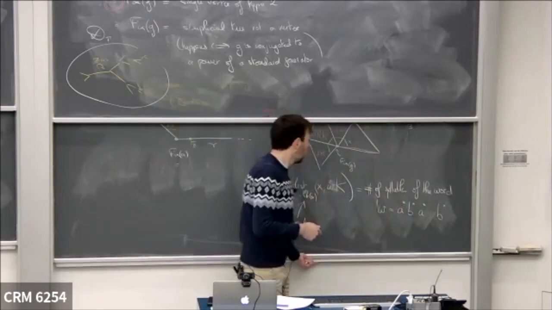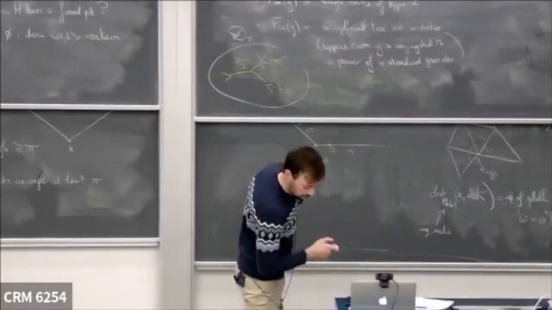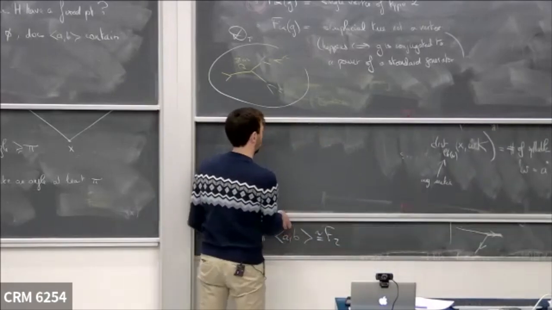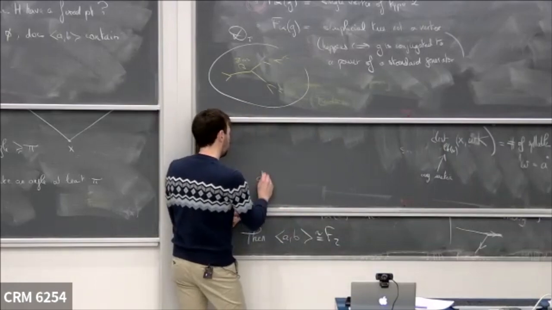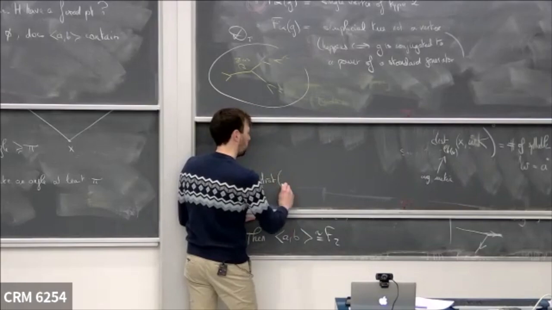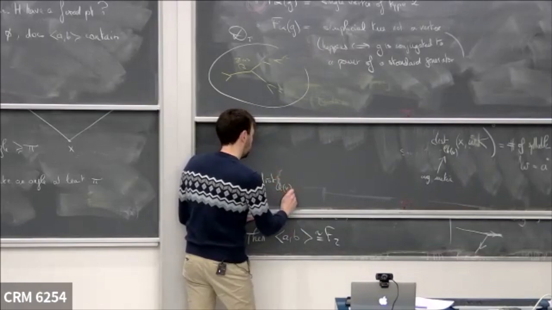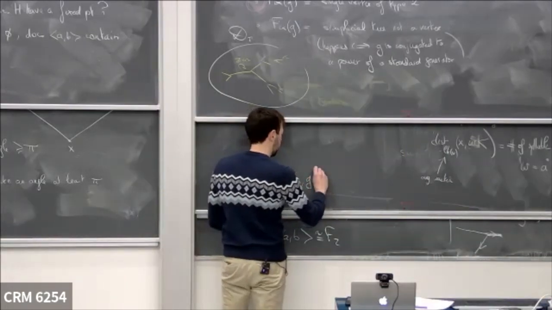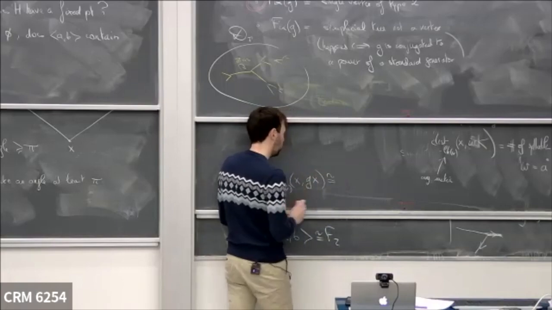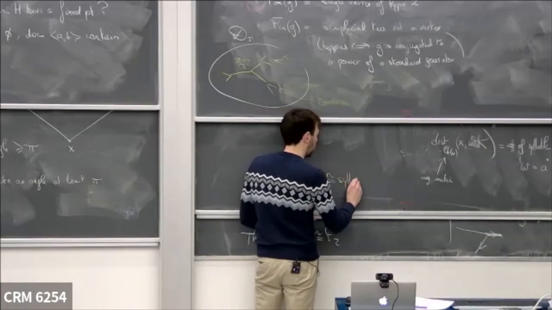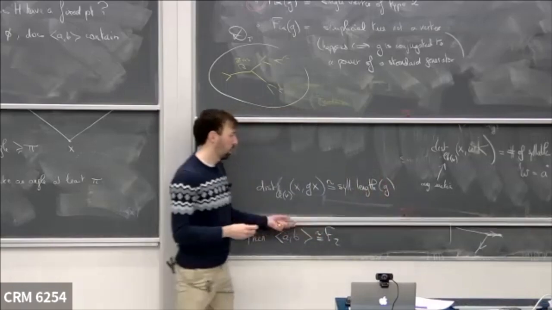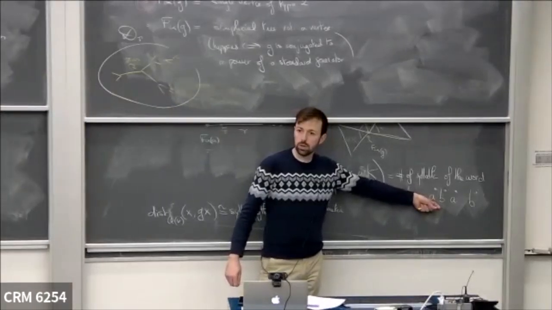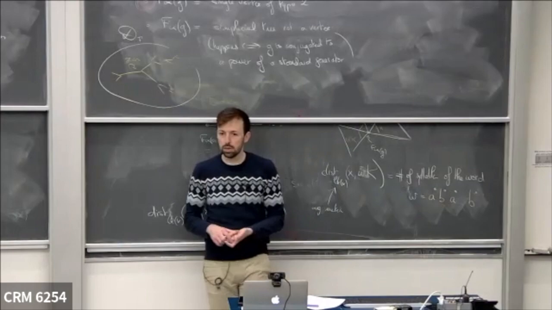So in particular, the key thing is that the distance in the link of V between a point X and G of X is, up to a constant, what's called the syllabic length of G: the minimal number of syllables when you write G as a product of powers of A's and B's.